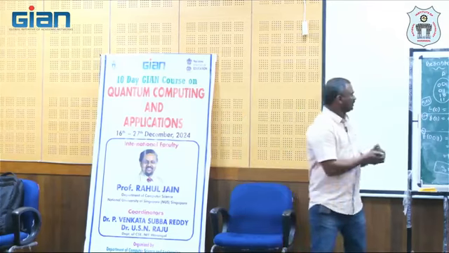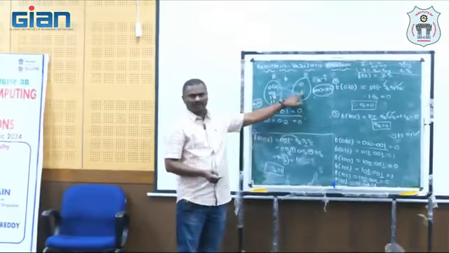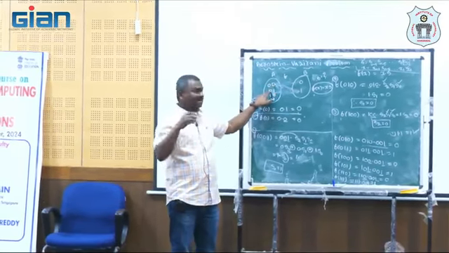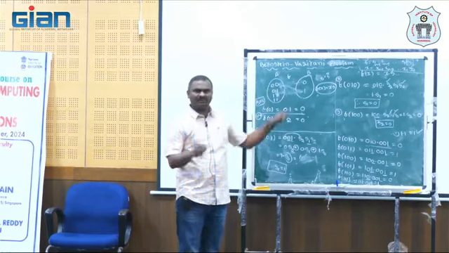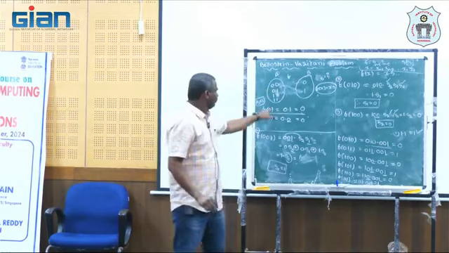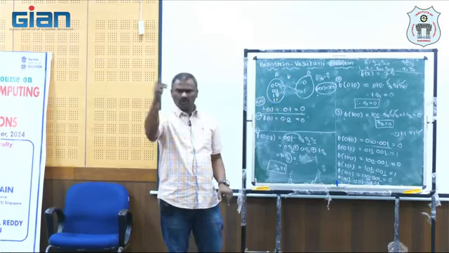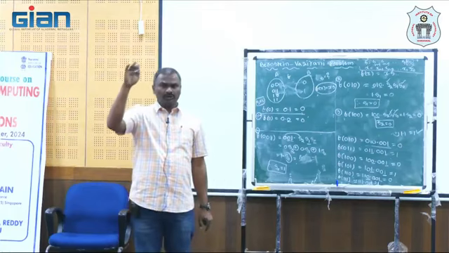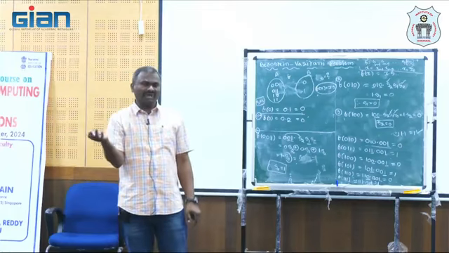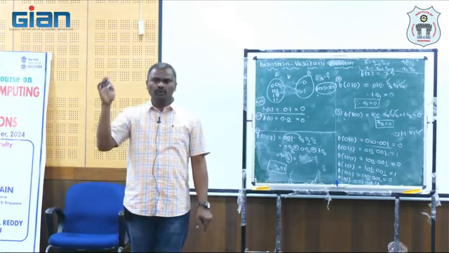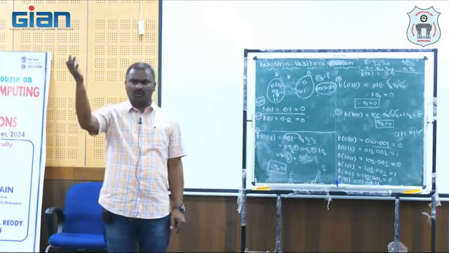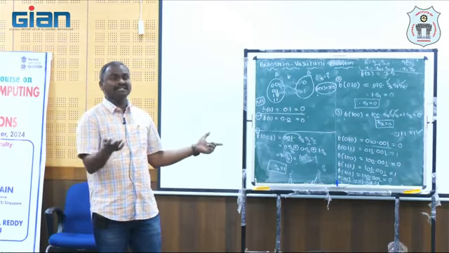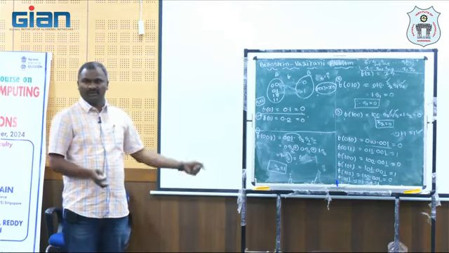Now simply think. 0 0 can be mapped with either 0 or 1, so 2 possibilities. 0 1 is independent of this mapping, it may be mapped with either 0 or 1, again 2. 1 0 again 0 or 1, 2. 1 1, 0 or 1, 2. Total how many? Each one is independent of the other. By simple product rule, 2 into 2 into 2 into 2, 4 times, that is 2 power 4, which is nothing but 16 functions. All 16 functions may not satisfy that.